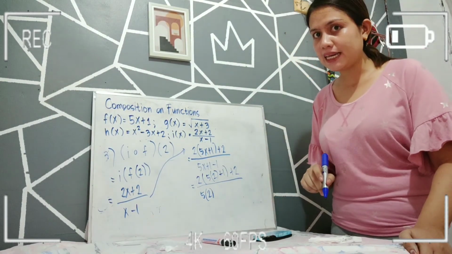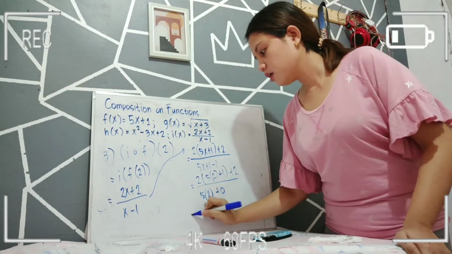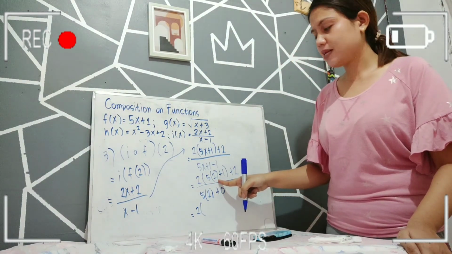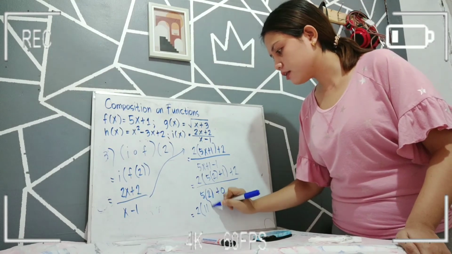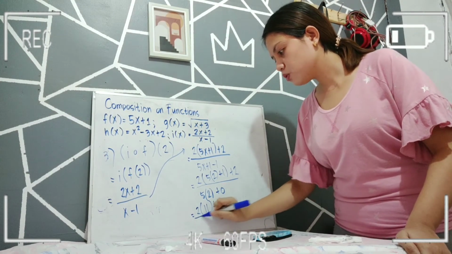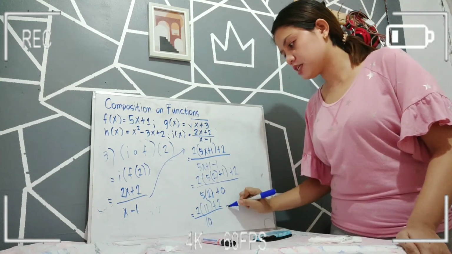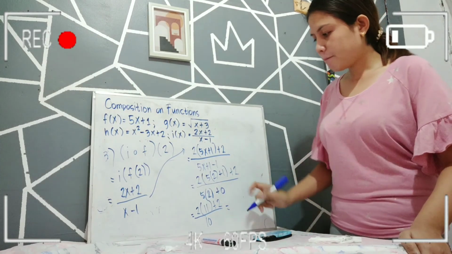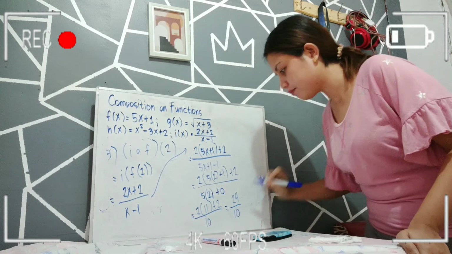1 minus 1 is 0. That plus 0. Okay, we have here 5 times 2 is 10 plus 1, it's 11 plus 2. 5 times 2 is 10 plus 0, that is 10. 2 times 11 is 22 plus 2, that is 24 over 10.